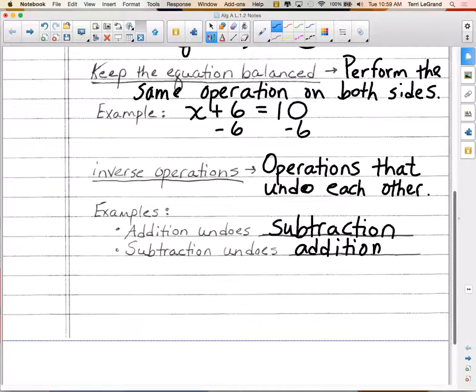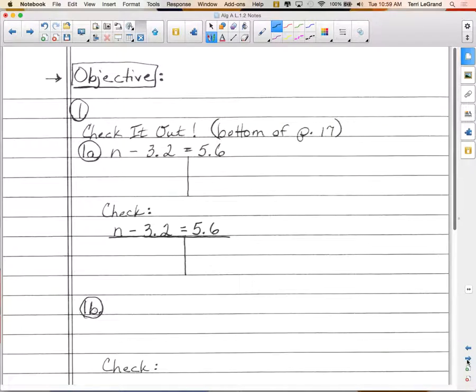Anybody have any concerns on this side before we move on? Okay, now is when you're going to need your book. What's the first objective in this lesson? In other words, what do they want us to deal with first here? By example 1, that's where you would find it. Example 1 in lesson 1.2. What's the first objective?